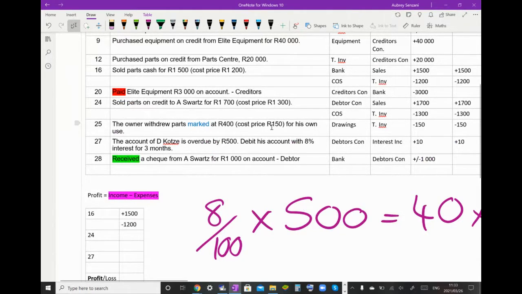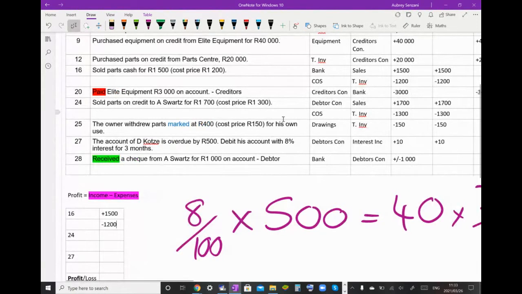Then on the 24th, we sold again. So that was an income, so plus 1,700. Then we also had a cost of sales, and that was for 1,300.